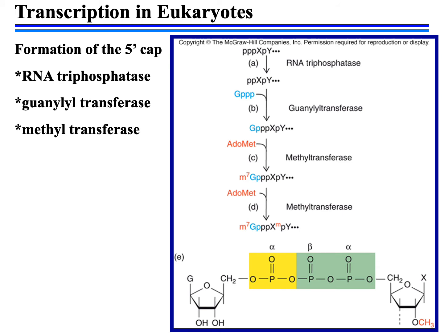So by having this modified cap structure at the 5' end, nucleases find the messenger RNA unrecognizable and are unable to begin degrading it. In addition, the cap plays a role in translation or protein synthesis, and we'll come back to that when we cover the lecture that deals specifically with translation.